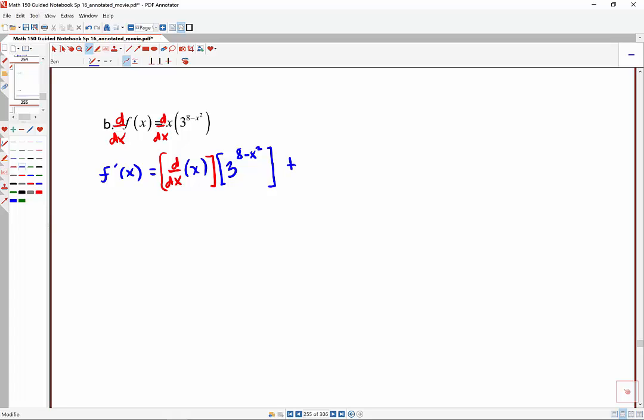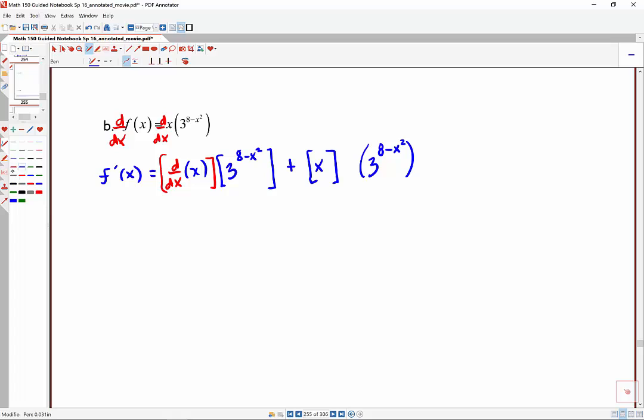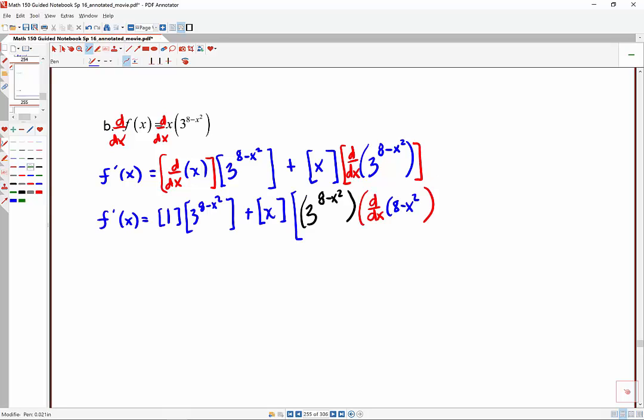And then we'll add to that x times the derivative of that exponential, which was 3 raised to the 8 minus x squared, and then we'll have times natural log of 3.